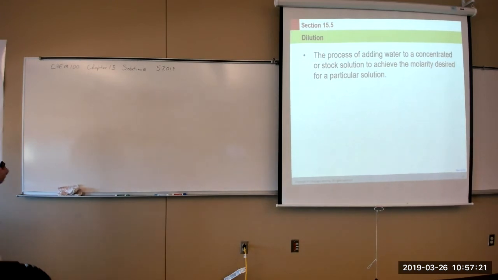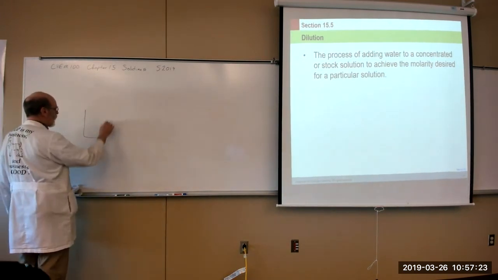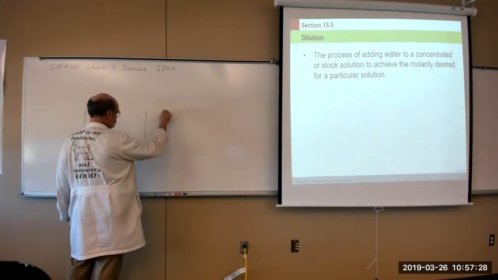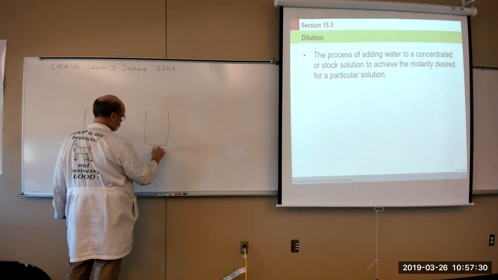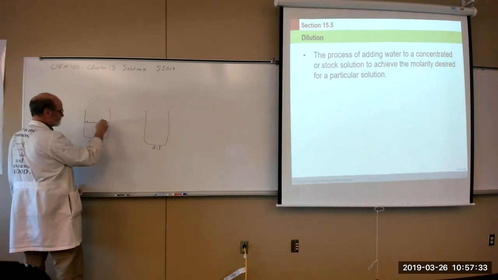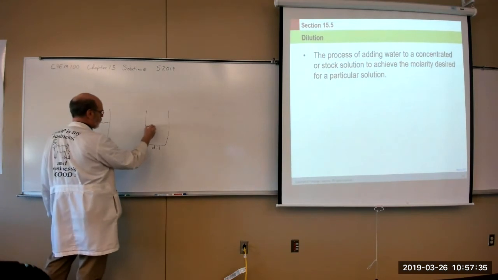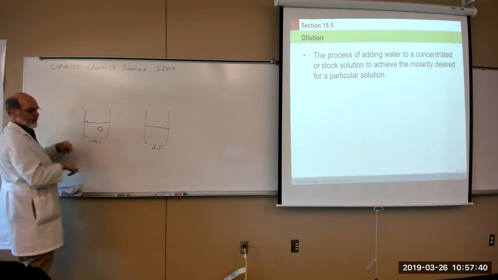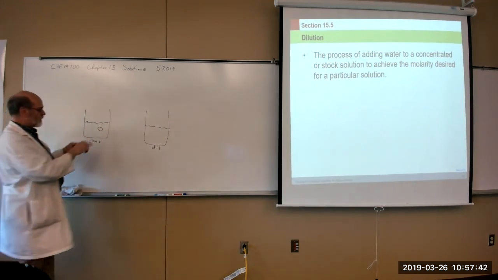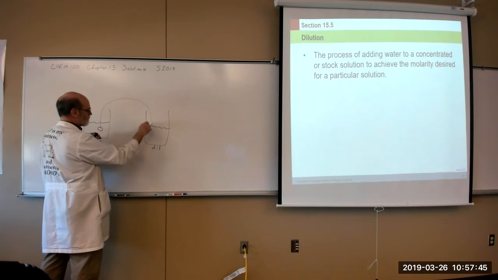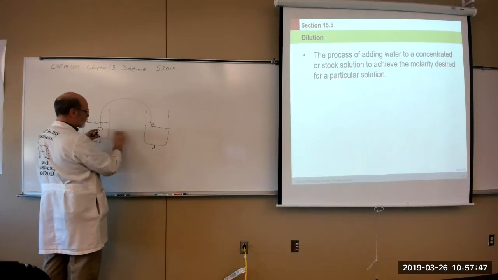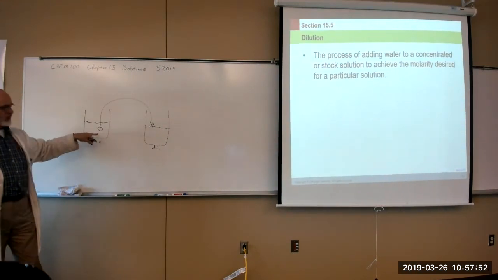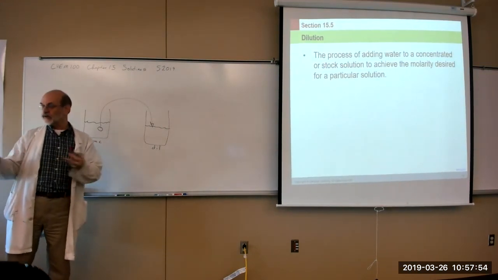Well, if you have a concentrated solution over here, and you want your diluted solution over here, and you know what your volume is over here. If you take out a certain amount of that concentrated, and then you put it in here, and you increase the volume of solvent, the amount of moles that you put in here is distributed over a larger amount, which dilutes it.